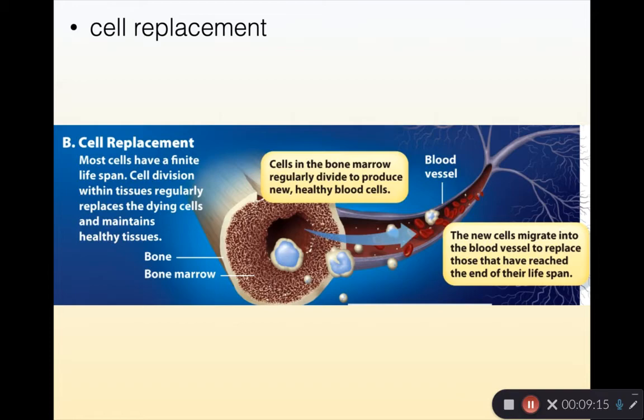Again, the next one that's really important in maintenance of the body is cell replacement. There are lots of cells that have a very finite lifespan in our body, and one of them is bone marrow. Bone marrow is regularly divided to create new healthy cells.